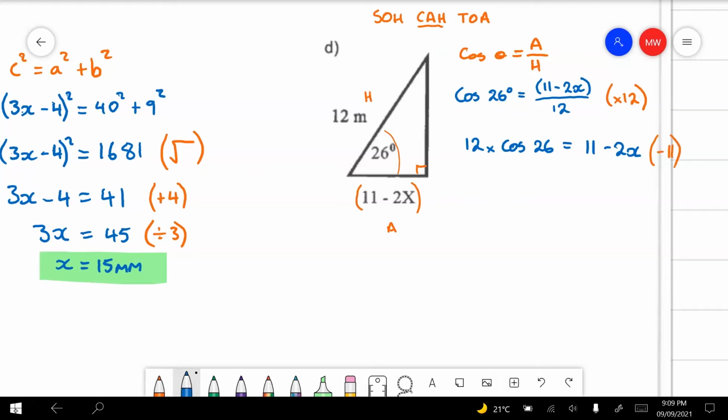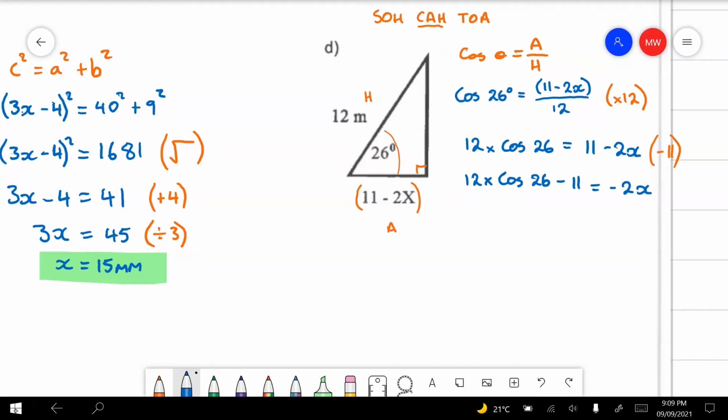So now what I've got is 12 times cos 26 minus 11 equaling minus 2x. And now I want to get rid of that minus 2.